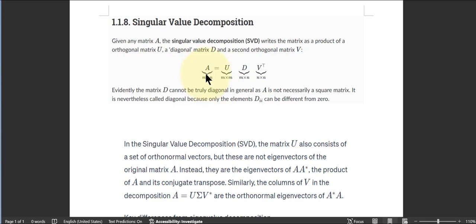So that's the point, that we can factor A, even if it's not symmetric, and this will be the factorization. And that can be pretty useful when we're playing around with the algebra of matrices.